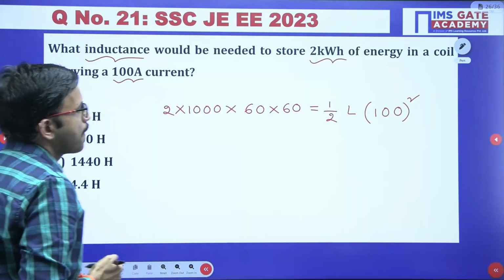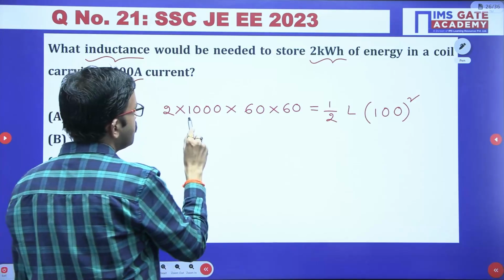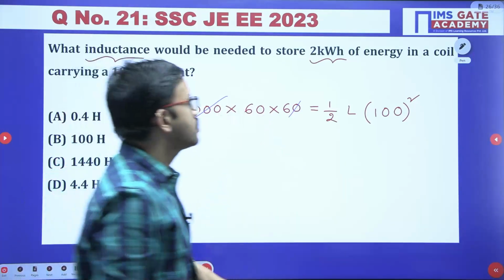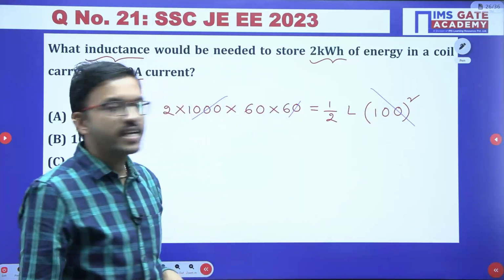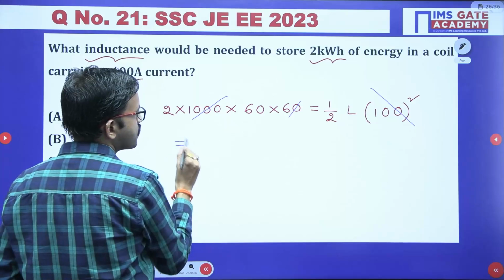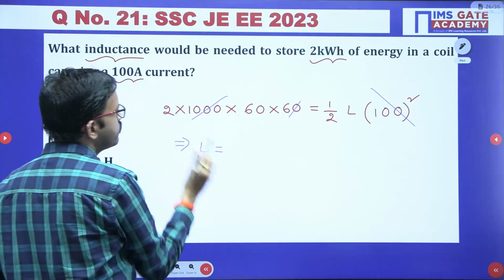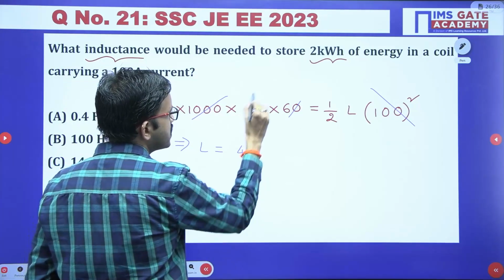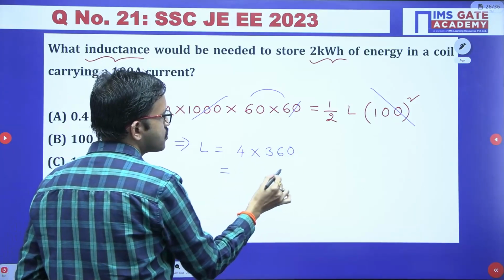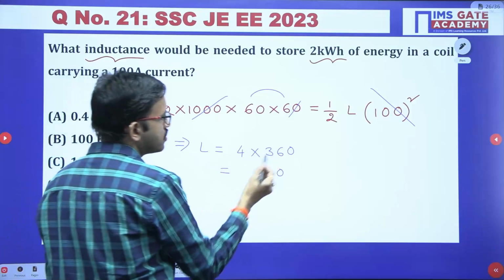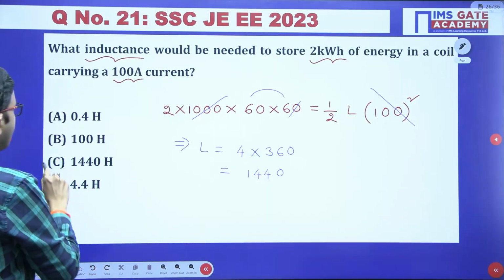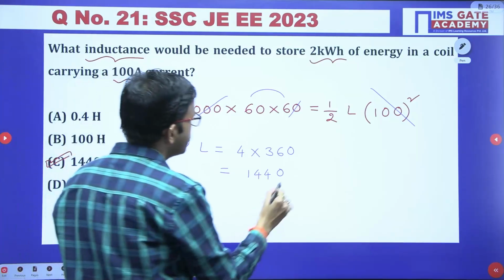Here you have 1000 and into 10 power 4, so the 10 power 4 terms will get cancelled. Then do the cross multiplication. So L equal to 2 2s are 4 into 6 6s are 36 into 10, or 360 you can write. Writing 0 here, 4 into 36 gives 144. That means option C is the correct one. Units are Henry.